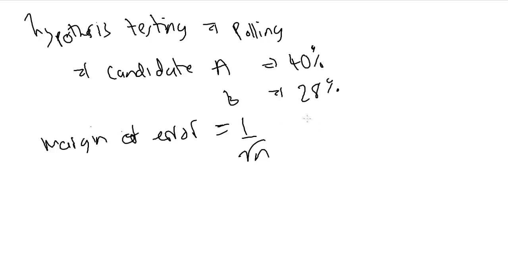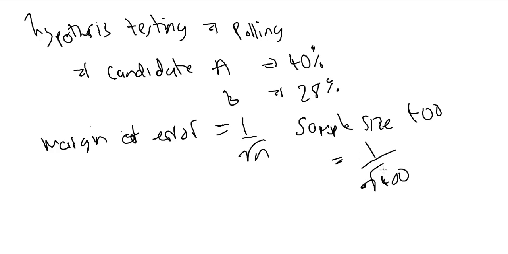So if you have a sample of 400 people, and from that sample you got that 40% are going to vote for candidate A, 28% are going to vote for candidate B, and so on. Well, then using the margin of error rule of 1 over the square root of n, that means it's going to be 1 over the square root of 400, which is equal to 1 over 20, which is equal to 5%.